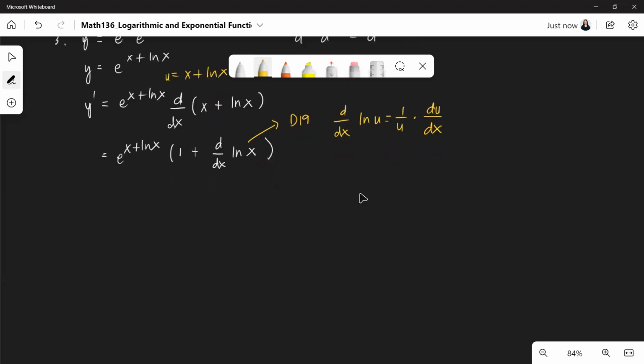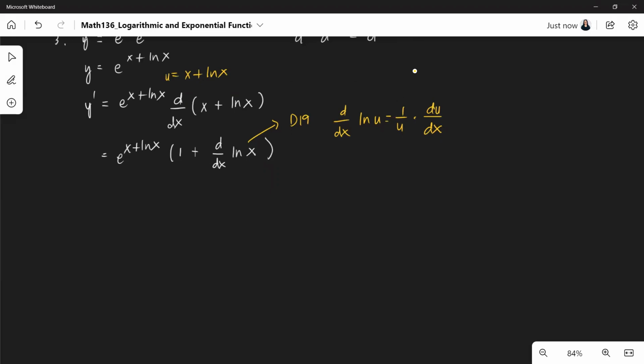So 1 over u times derivative of x with respect to x. So just copy this, and then 1 plus the derivative of ln x is 1 over u. So our u here is x. That's 1 over x, times the derivative of u with respect to x. So derivative of x with respect to x is just equal to 1.